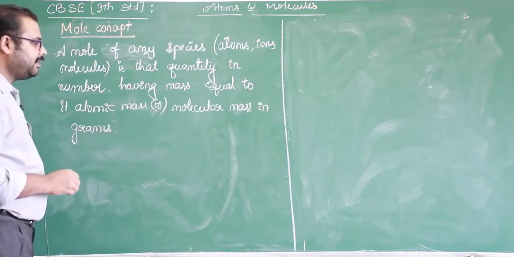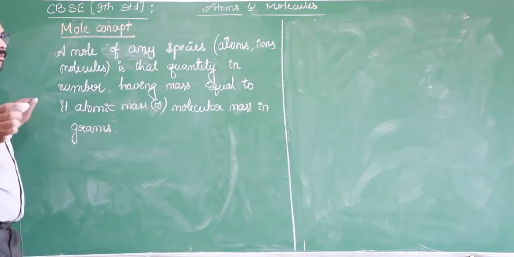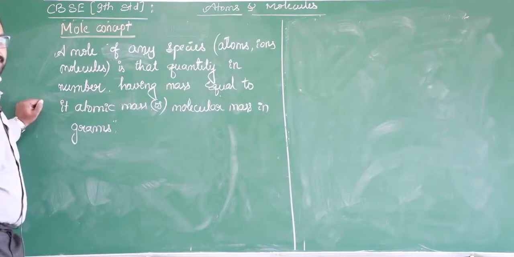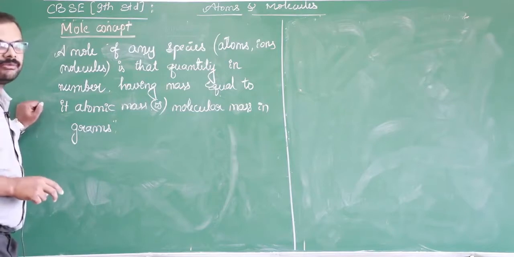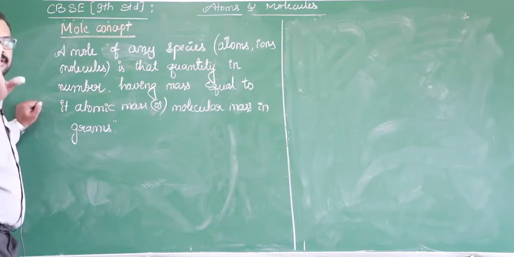A mole is nothing but a particular value. For example, we say that 1 dozen means how much? It is 12, right? So the number is fixed.